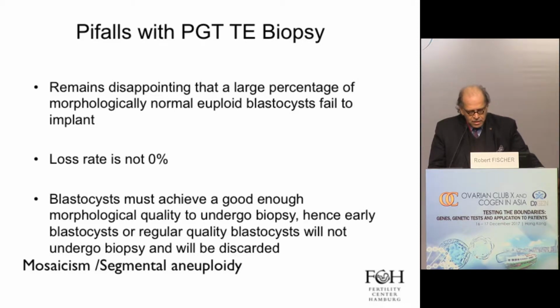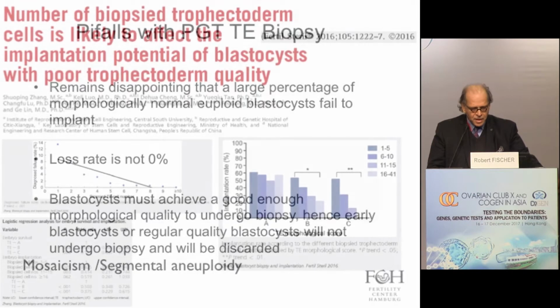And it has been shown that blastocysts must achieve a very good morphological quality in order to undergo the blastocyst biopsy, and otherwise they would have been discarded or not used. And then the big question of mosaicism and what you do with segmental aneuploidy.